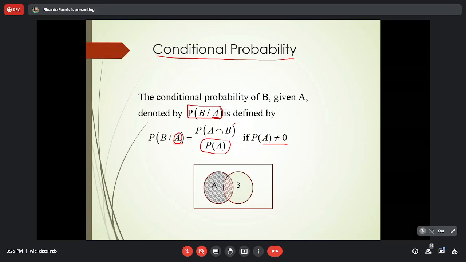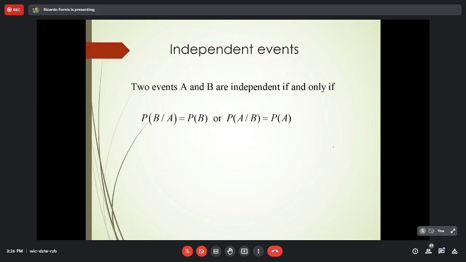Okay, next, if you can see this diagram, so you have here event A, and this is event B, and this is the probability of B given A. Given A. So what you need to do is simply divide this particular intersection by the entire event A. That is probability B given A. If the events are independent, then the probability B given A is just the same as the probability of B. Because A is actually not affecting B this time.